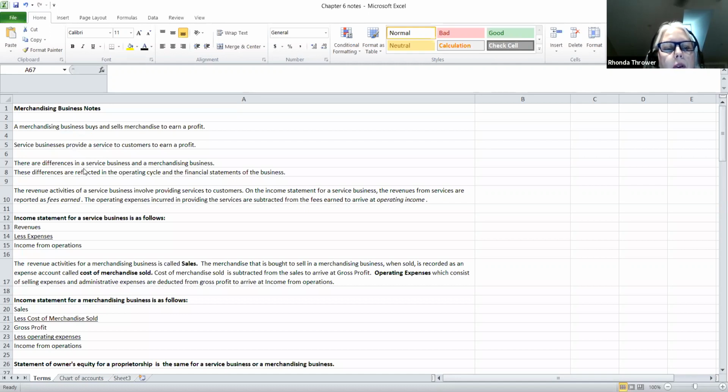And there are some differences between a service business and a merchandising business. The differences are reflected in what we call the operating cycle and the financial statements of the business. The operating cycle for a merchandising business is the time that it takes for us to buy merchandise, put it in our store, sell the merchandise, and collect cash from that sale.